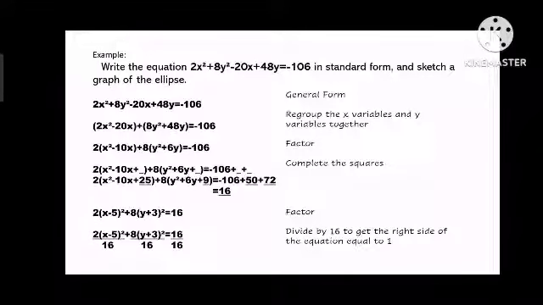9 equals negative 106. Now, whatever we add on the left side, we must also add on the right side.